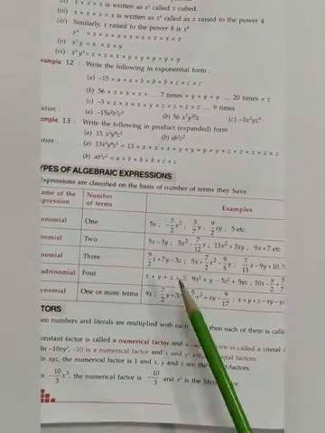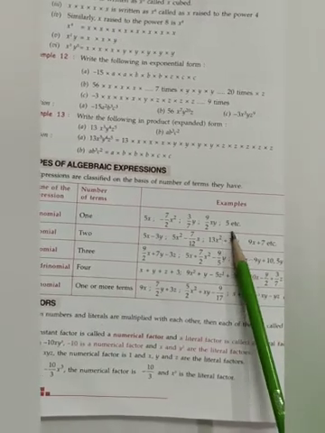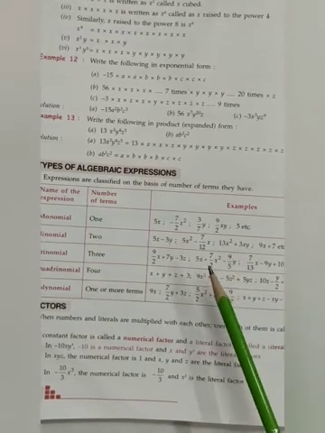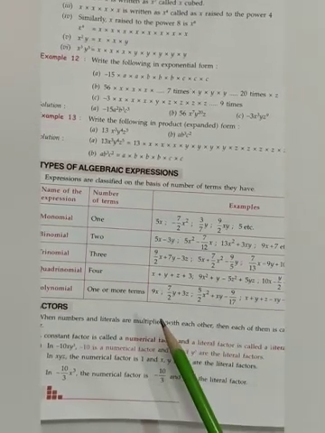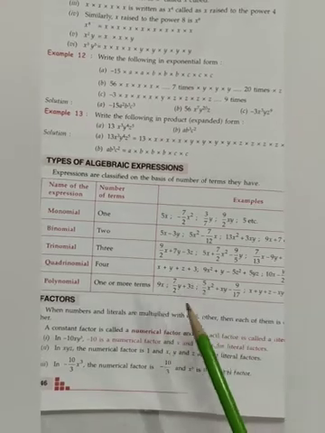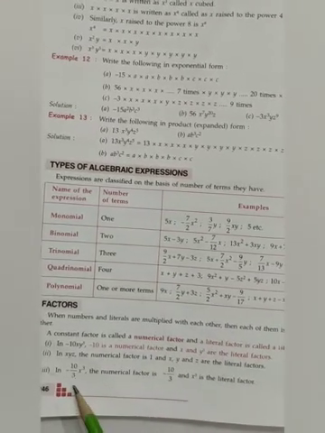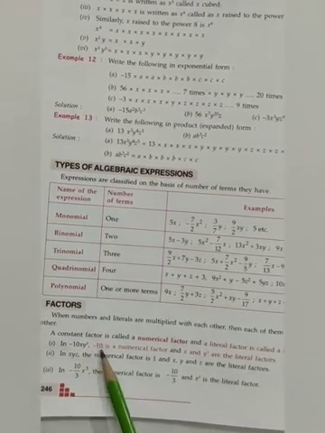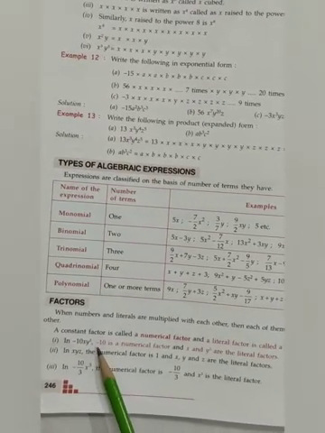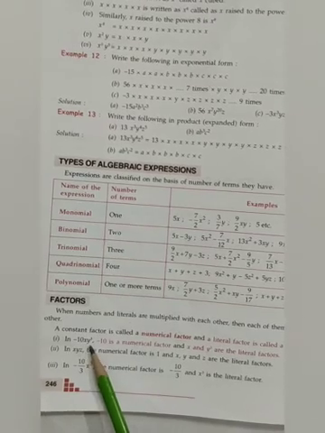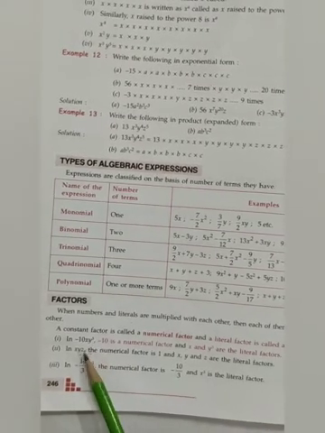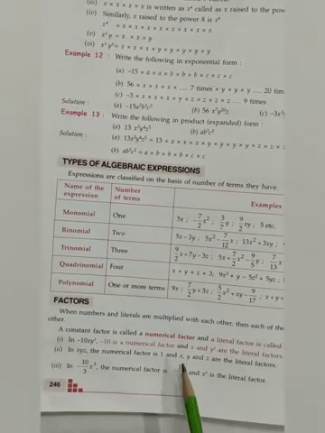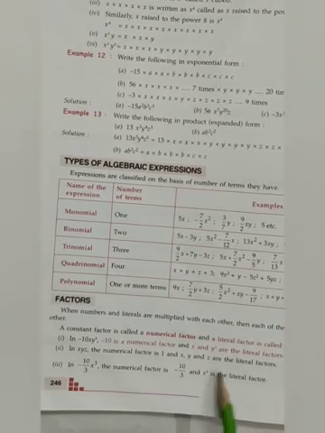So here 5 is a numerical factor and x, y are literal factors. In minus 10xy cube, minus 10 is a numerical factor and x and y cube are the literal factors. In xyz, the numerical factor is 1 and xyz are literal factors.